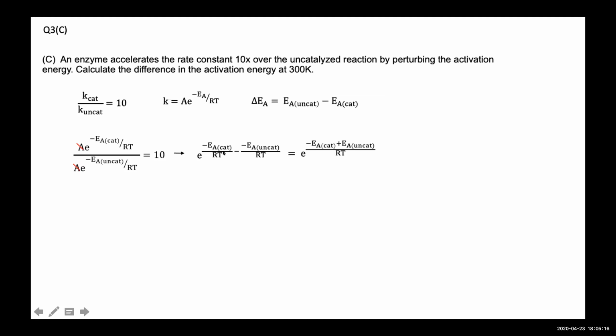And if we simplify this a little bit more, we can see that the numerator of this exponent is exactly the same as what we defined as the difference in activation energy. So we have that e to the power of the difference in activation energy over RT equals 10. And we can rearrange this a little bit more to get that the change in activation energy equals RT times ln of 10, which gives us a really clean way to calculate the difference in activation energy.